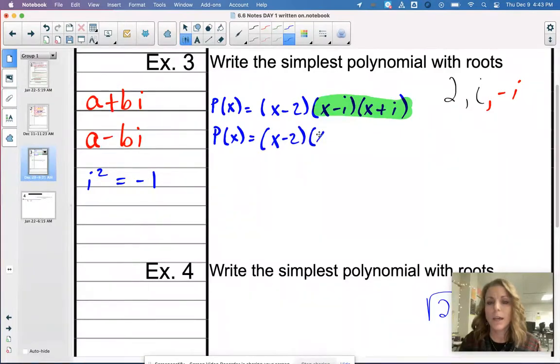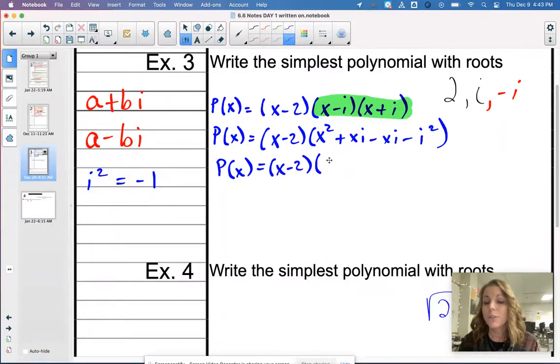And when I do that, I get x squared. The outside is plus xi. The inside is minus xi. And the last is negative i times i is negative i squared. The objective of multiplying these two factors together, because they're complex conjugates, the two middle terms are going to cancel, and then we're going to end up with that.